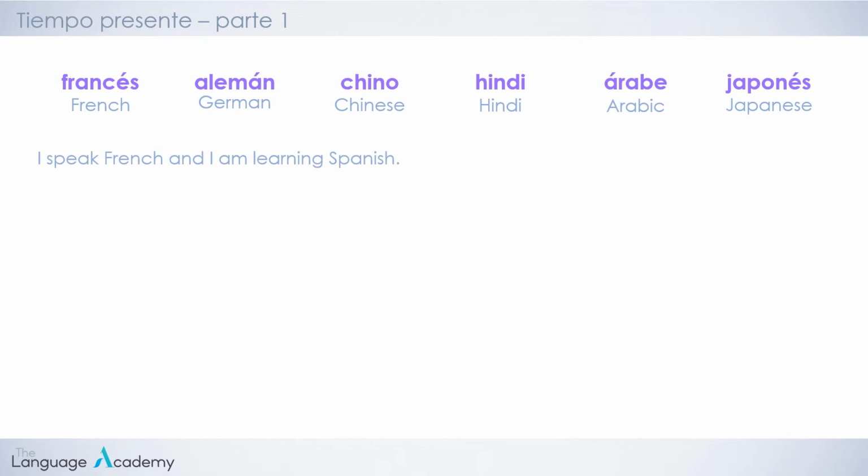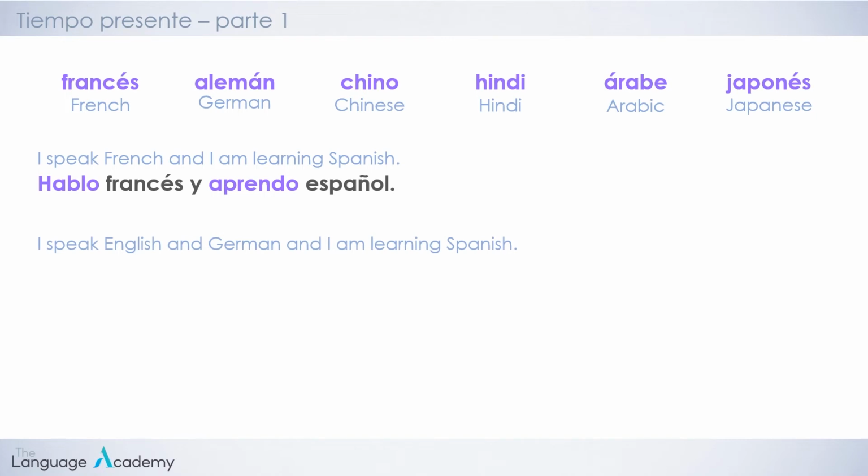How do you say in Spanish, I speak French and I am learning Spanish? Hablo francés y aprendo español. Remember, you do not need to say I am learning, the progressive form. In Spanish, the simple present form, I learn, is enough. How do you say in Spanish, I speak English and German, and I am learning Spanish?